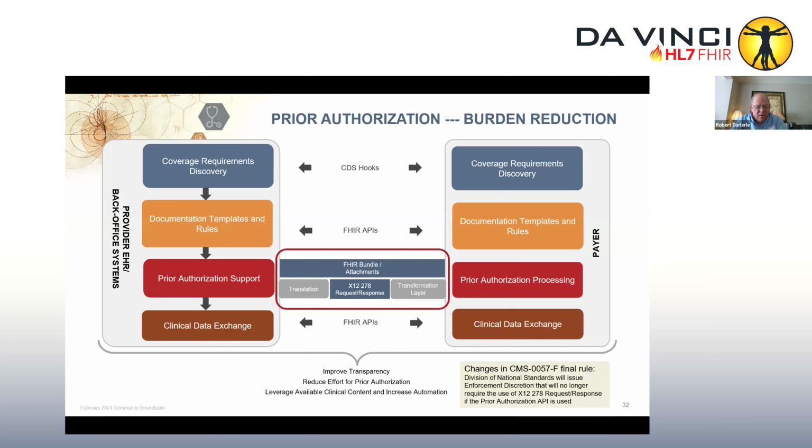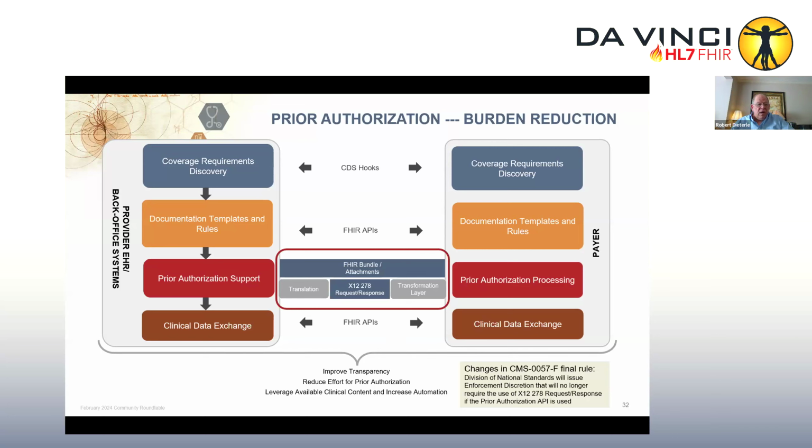A FHIR bundle that is then translated into the 278 request has all the information that's necessary to populate it, and is passed off to the payer along with any attachments that were part of that FHIR bundle. So now the payer can evaluate the information and respond back using a 278 response. And ultimately, while we have X12 in the middle, we have FHIR implementation on the EHR side.